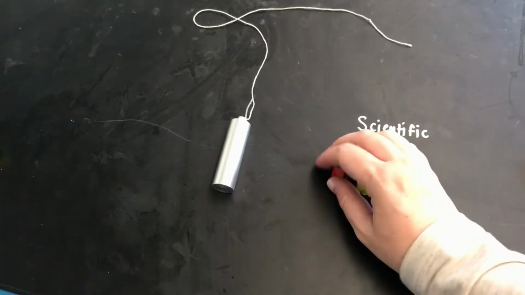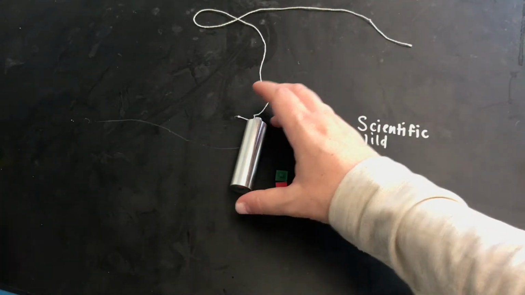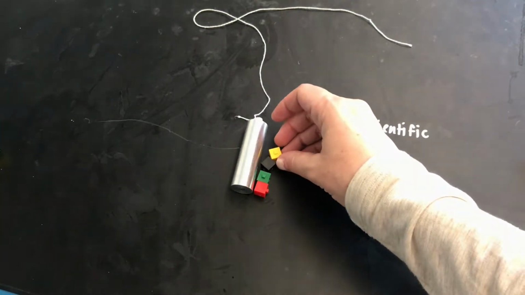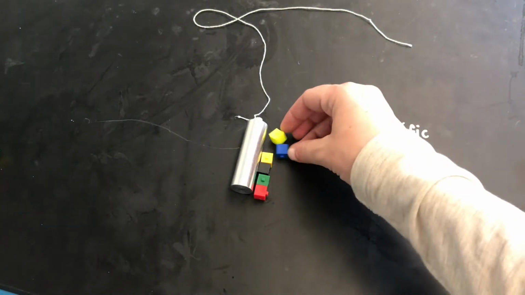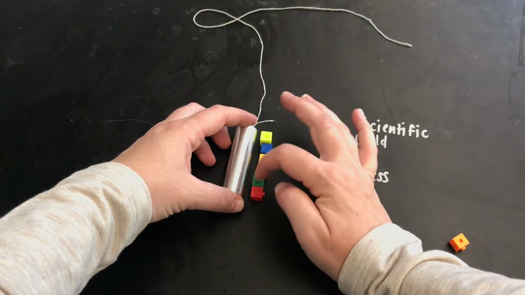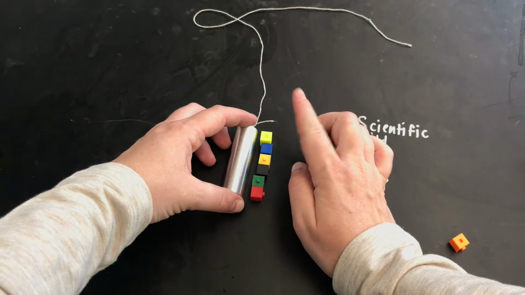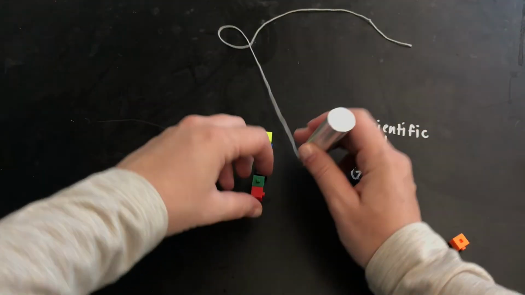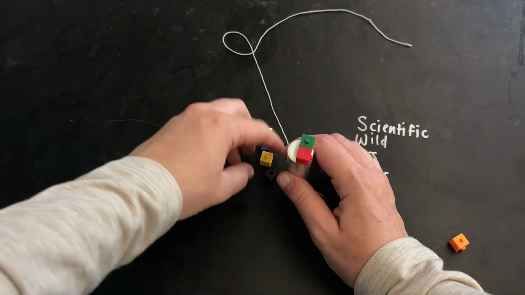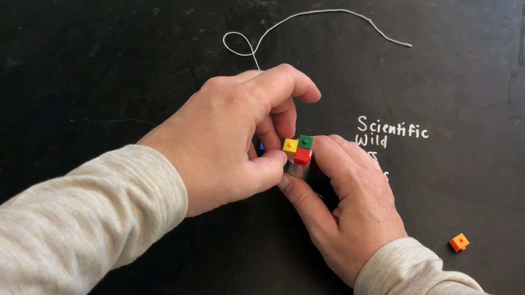So using my cubes, I can line them up and say this has a height of about 6 centimeters because I know each one of these cubes has a length of 1 centimeter. And then I can kind of estimate how wide it is. Maybe 1, 2, 3.